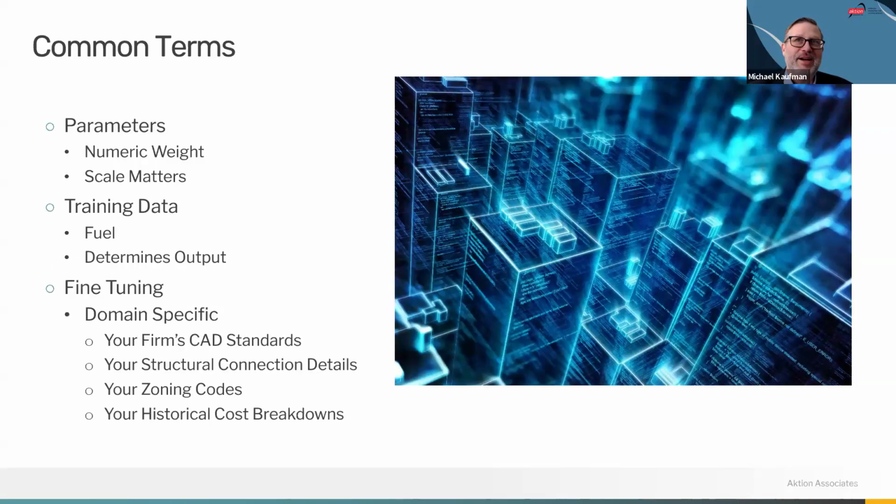So another item that I'd like to talk about is parameters. Sometimes you'll hear that a model has 70 billion parameters, and that's an important data point. It's not just marketing. A parameter is a numeric weight inside the model that influences output. So, for instance, in Paul's example earlier, we feed millions of images of cats and dogs to figure out whether something is a cat or a dog.